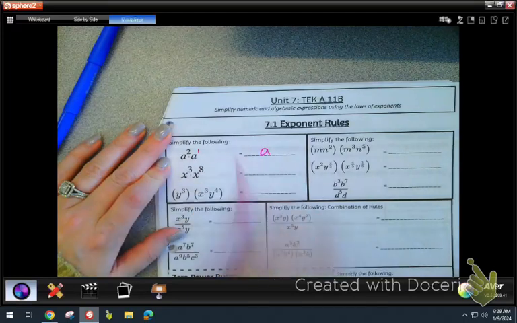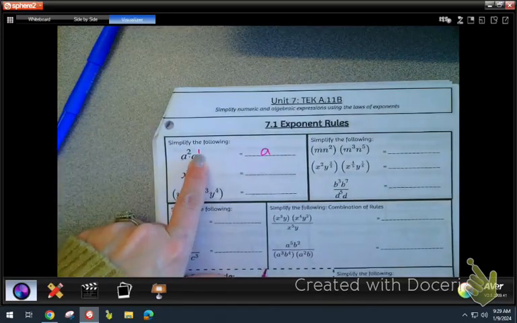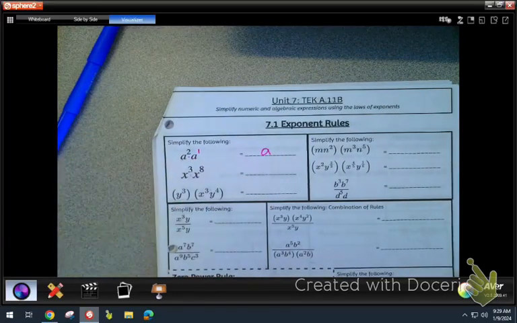So here's what I always say: if they don't have an exponent written in, kind of like a coefficient of 1, you don't have to write it in. But when I work with my exponent rules, I like to. So I always say, give it a friend. Give it a 1 so that way you can really see what's going on here. So the exponent of the first A is 2. The exponent of the second A is 1.